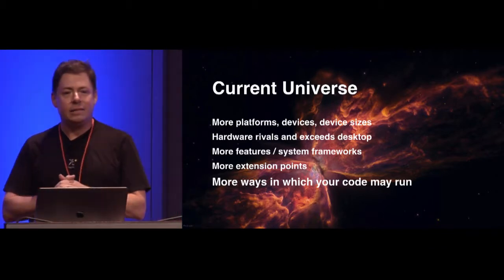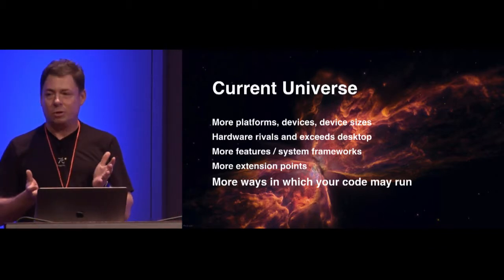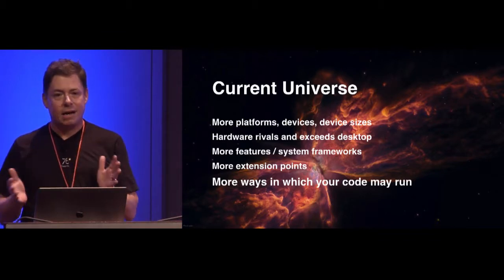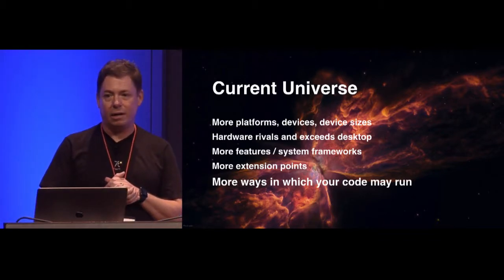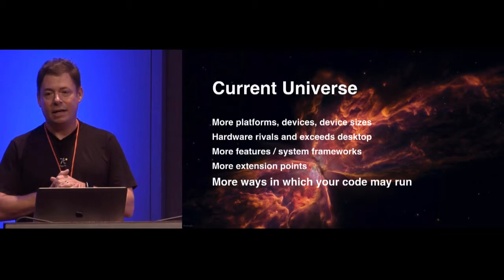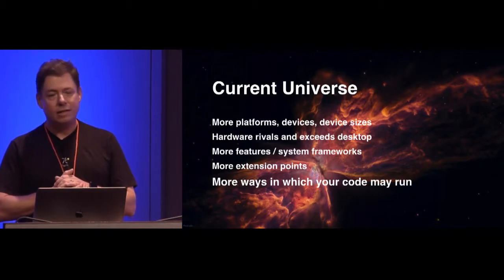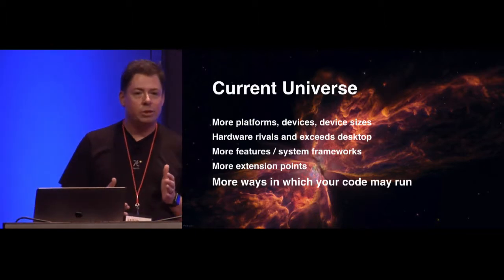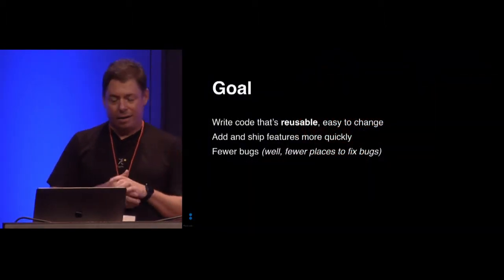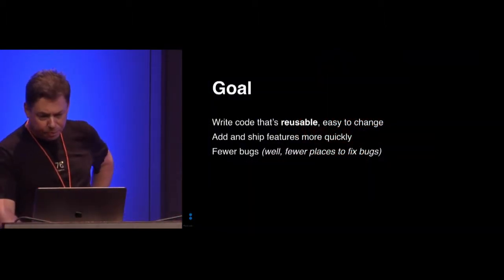So that means as mobile developers, we're developing software that's as complex as desktop software. People expect the same features. And there are more extension points now with iOS, so there's more ways in which your code may run. I'll talk a bit about that later.